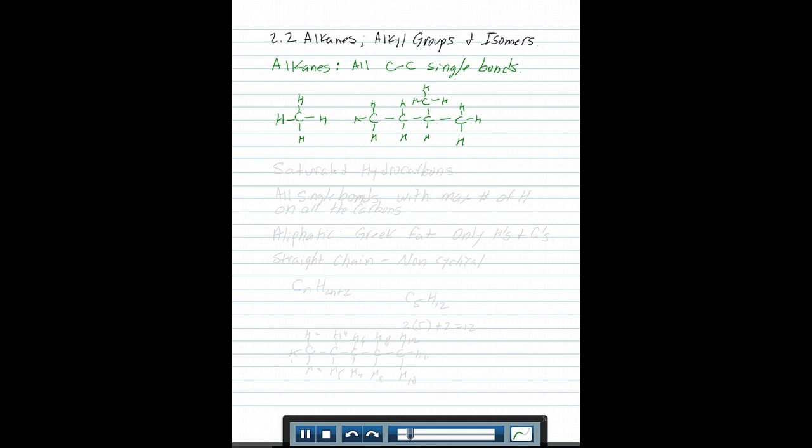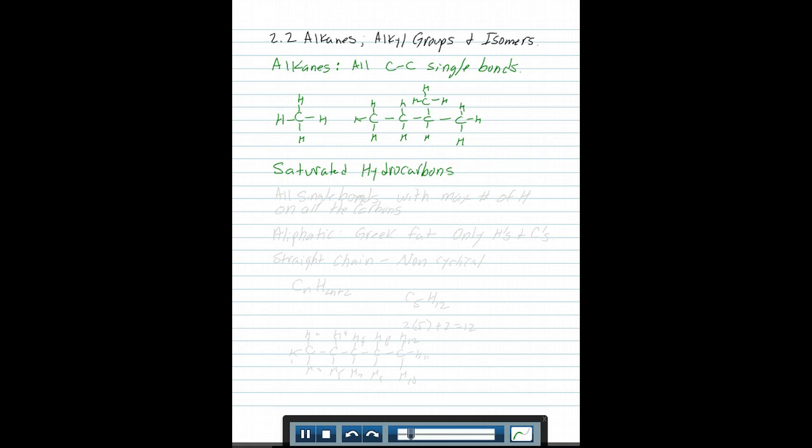Another way of talking about these is what's called saturated hydrocarbons. A hydrocarbon is anything that has hydrogen and carbons in it. That's the name, hydrocarbons. Very simple.